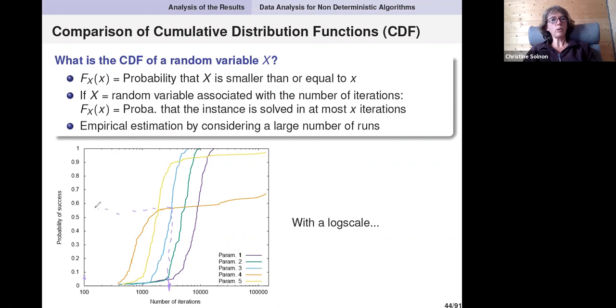Finally, for the yellow parameter, it has the best probability because the probability that it has found a solution within 2,000 iterations is greater than 0.9. So this gives me a much better picture, which allows me to compare my different parameters. Okay, no question on this.